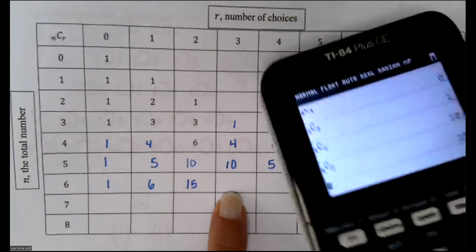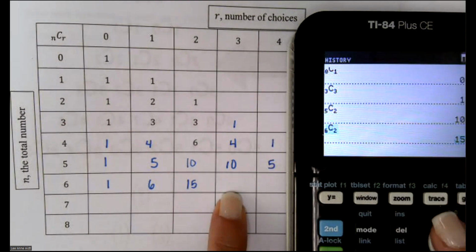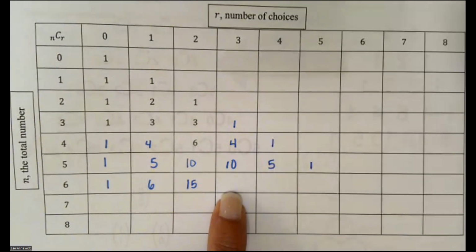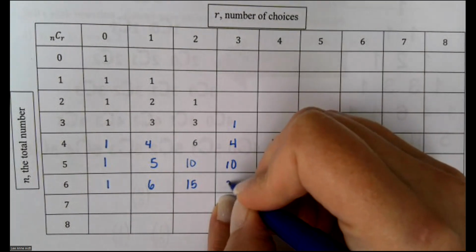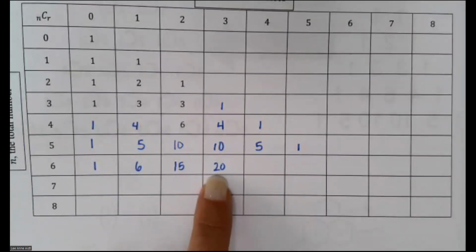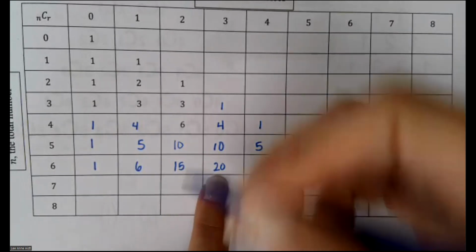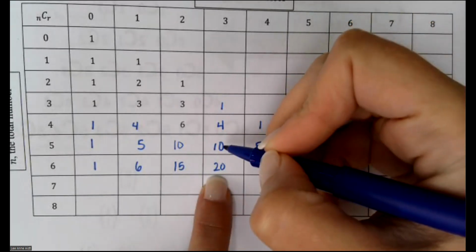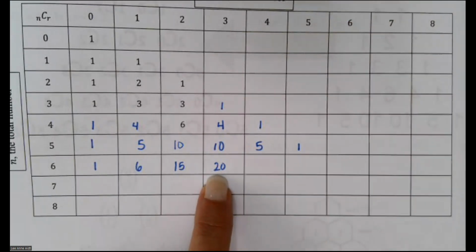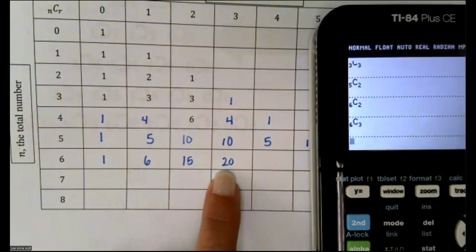What do you think? 20. Anyone have any idea why it's 20? This one went up 3, up 6, and then up 10, just like this pattern here, 3, 6, 10. Very challenging. This is why we go to the calculator after a hot minute.